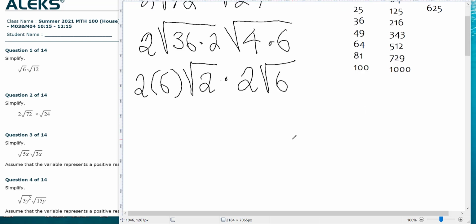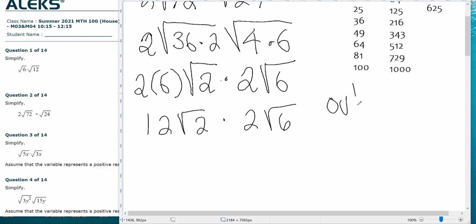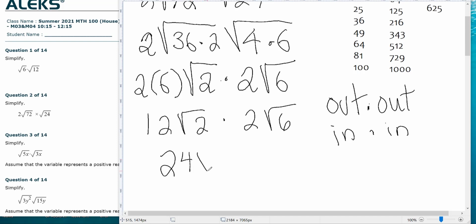Now the rule says when you're multiplying radicals that have coefficients, that is numbers out front, you multiply out times out, that is the outside numbers times the outside numbers, the coefficients, and the inside times the inside, or the radicand times the radicand. So that's going to give me 24 square root of 12.